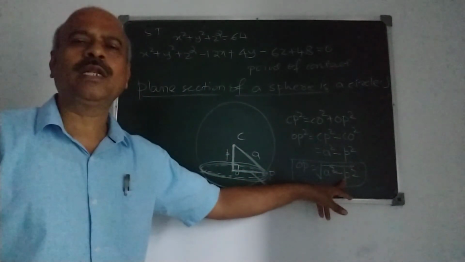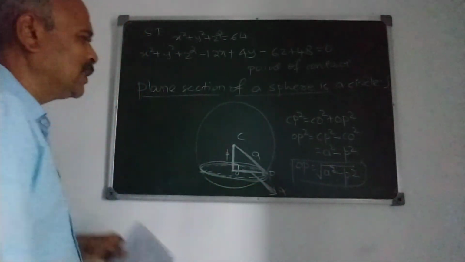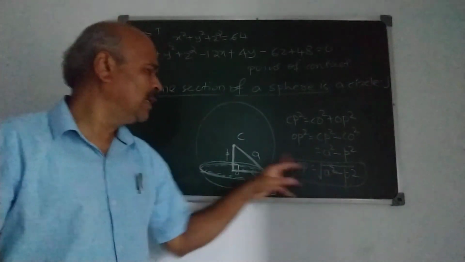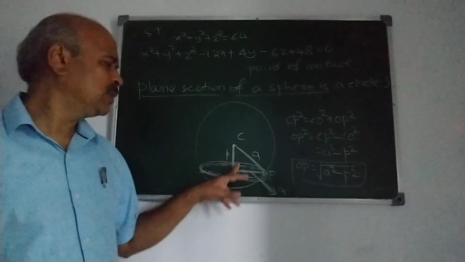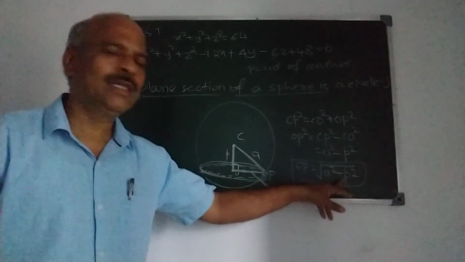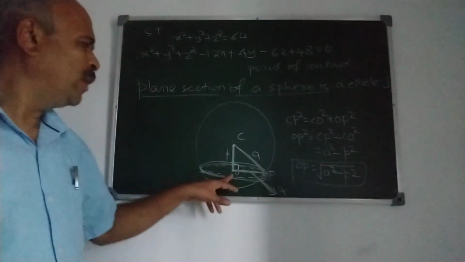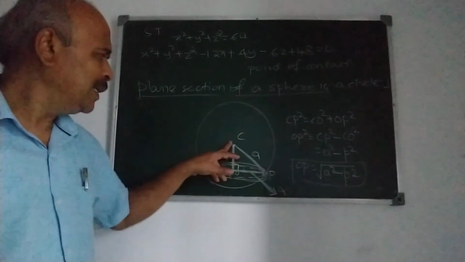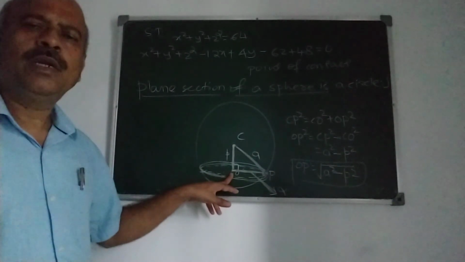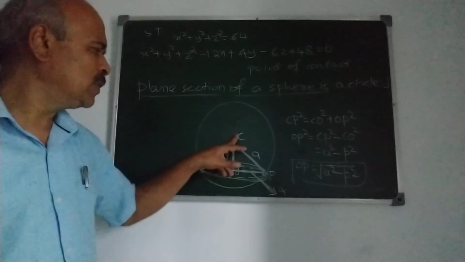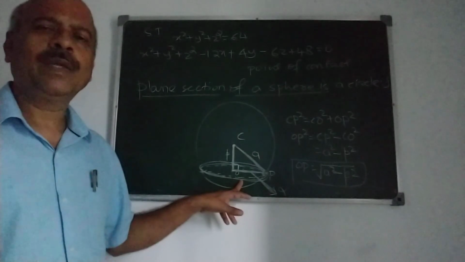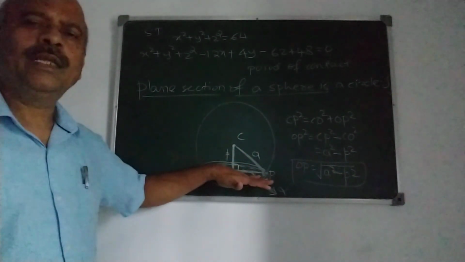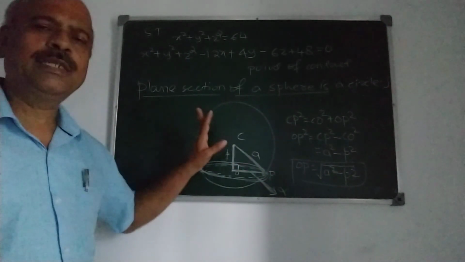So you can find out this also. So what is the radius of that circle? It is the square root of the radius of the sphere squared minus the perpendicular from the center of the sphere to the plane squared. This is the formula. And what is the center of that circle? That is the foot of the perpendicular drawn from the center of the sphere to the plane. So when a sphere is cut by a plane, then the area common to the plane and the sphere is a circle.